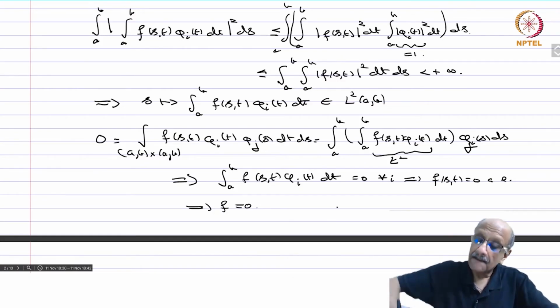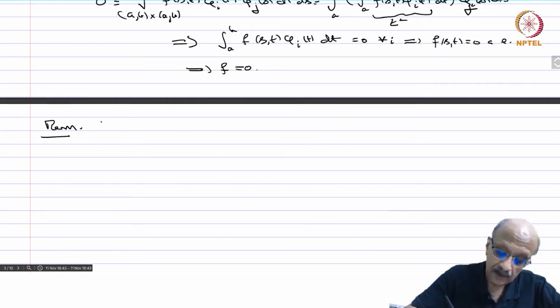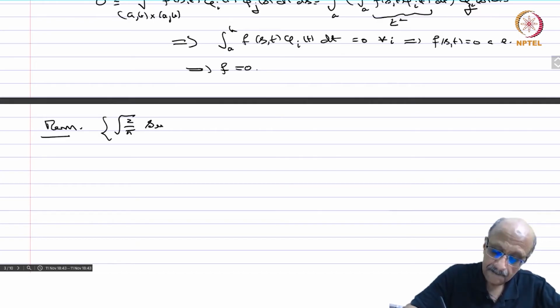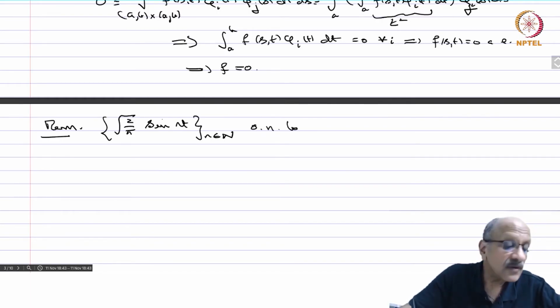So, a remark: for instance, we saw that root of 2 by pi sin nt, n in N, was an orthonormal basis for L2 of 0 pi.